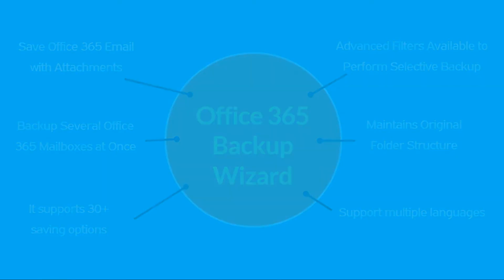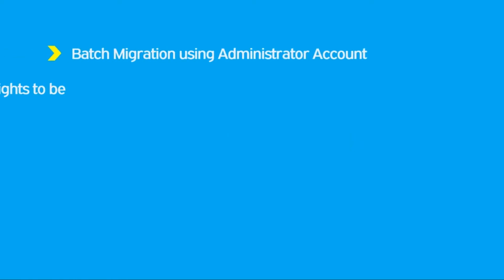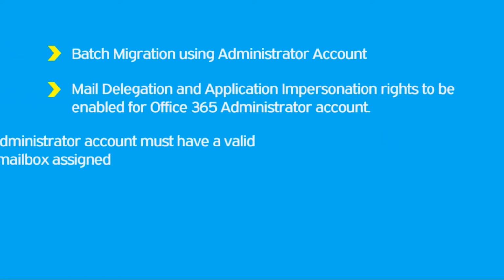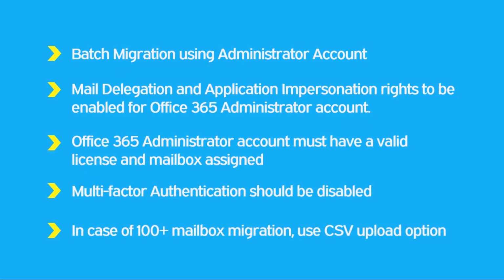Now, let's take a look at the prerequisites of Office 365 Backup Wizard. To perform Office 365 batch conversion, you should have Office 365 administrator credentials. The Office 365 admin account should have application impersonation and mailbox delegation rights.